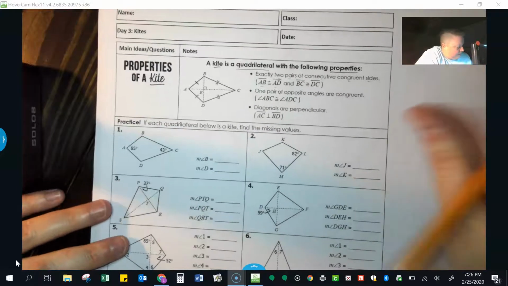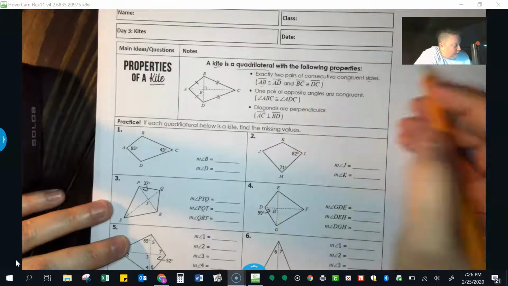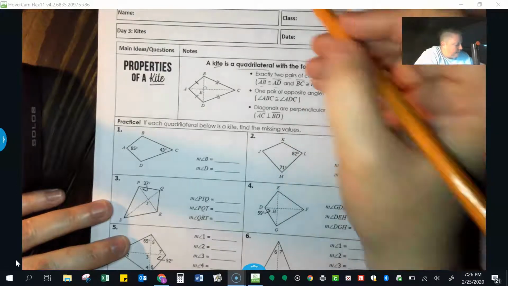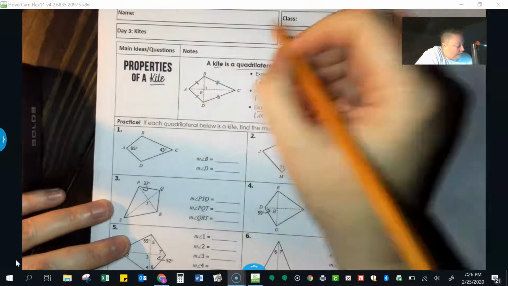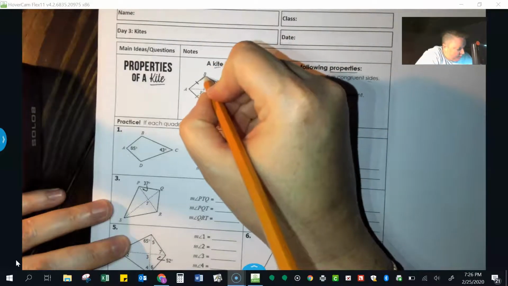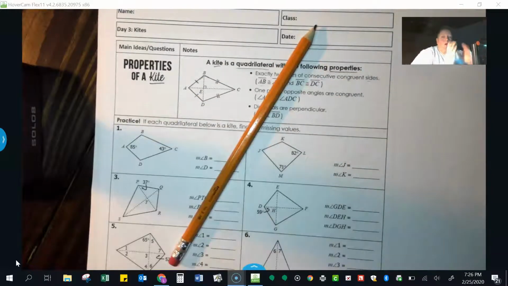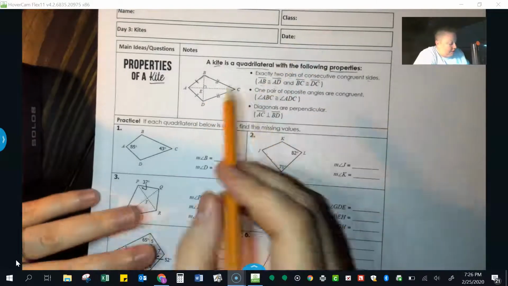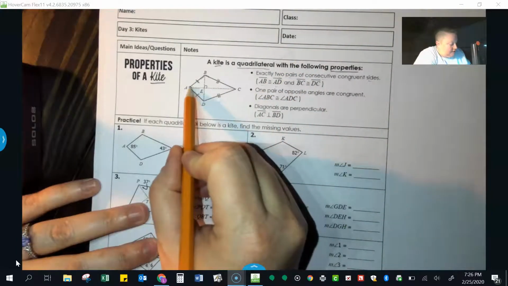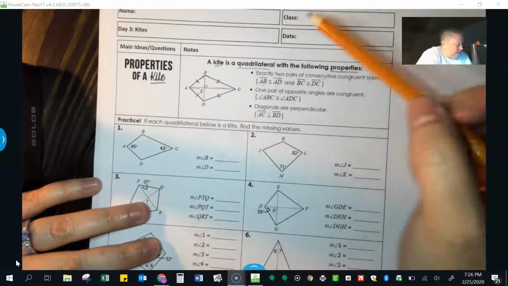Okay? It has one pair of opposite angles that are congruent. And it's always the pair of angles that meet when you fold it on the line of symmetry. So your kite has a line of symmetry, and it's this diagonal. It's usually your longer diagonal. Okay?